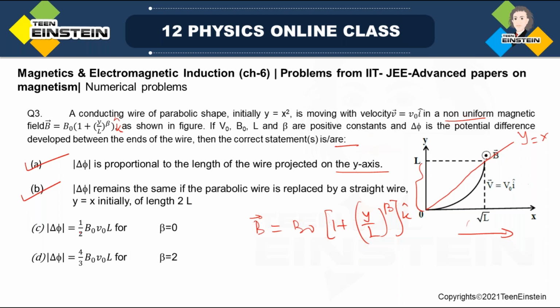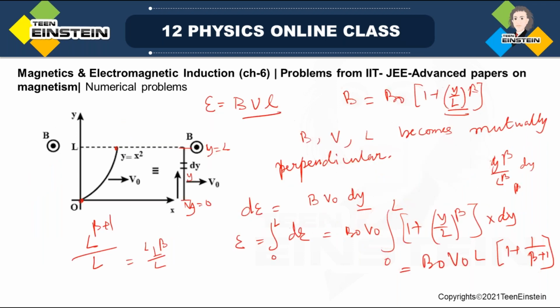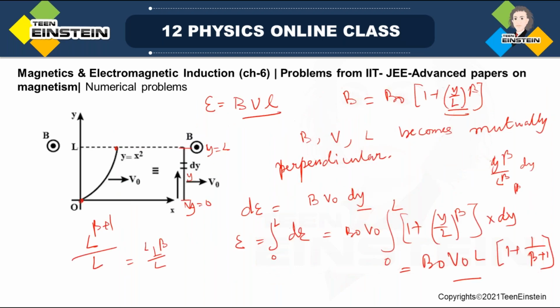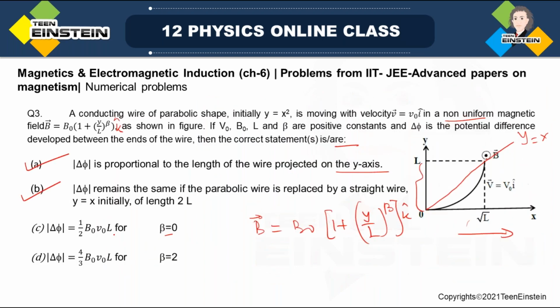Okay, now the option C: if beta is equal to 0, look at this case itself. From here, EMF for beta equal to 0, beta is 0 means this is 1, so it will be E equal to 2 B0 V0 L. The option says it will be half into B0 V0 L for beta equal to 0, which is not true.